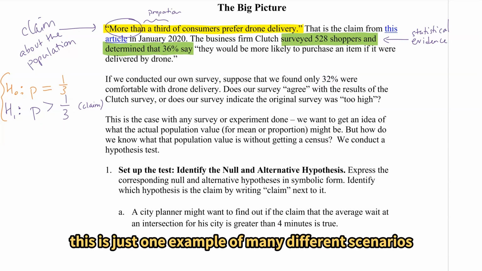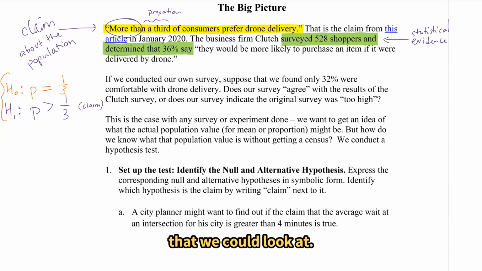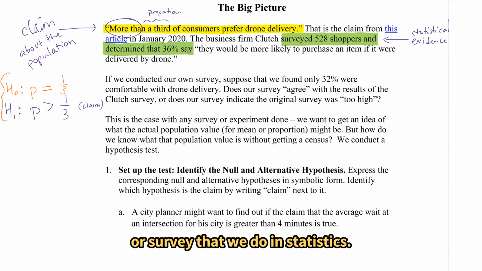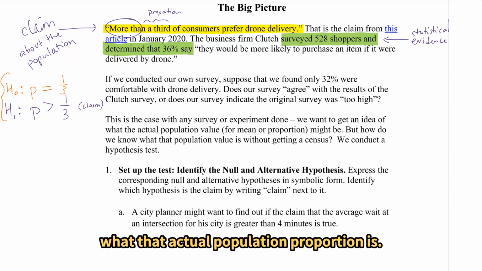But of course, this is just one example of many different scenarios that we could look at. And this is the case with any experiment or survey that we do in statistics. We want to get an idea of the actual population parameter, whether it be mean or proportion, particularly for our class, what that actual population proportion is.